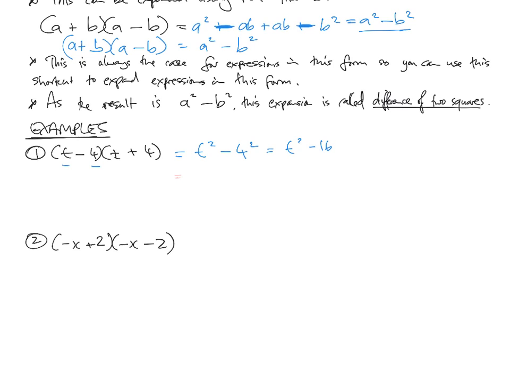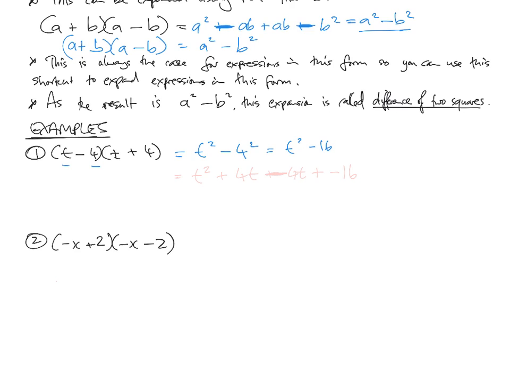Now to double check that, I'll show you with FOIL in red that it still works. Okay, firsts, t times t is t squared. Outers are 4 times t, so plus 4t. Inners, plus negative 4t, because negative 4 times t is negative 4t, plus lasts, negative 4 times 4 is negative 16.